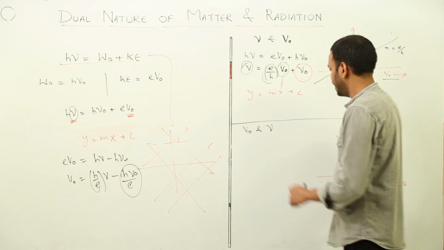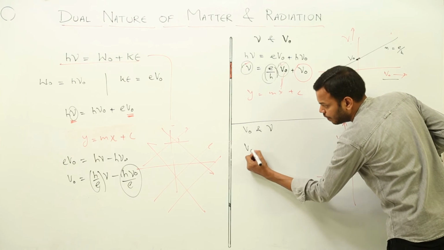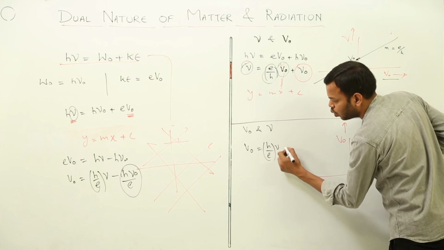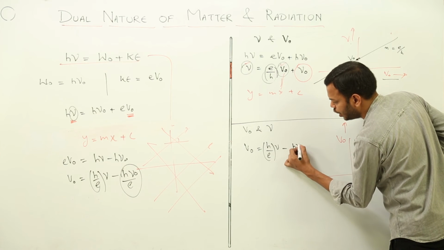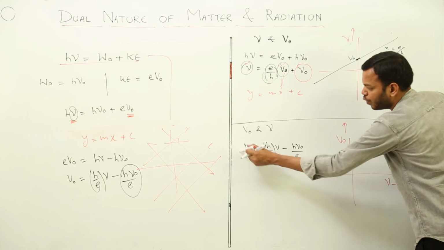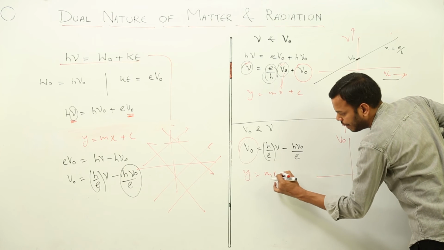See, in this equation, I am writing down the equation here. V naught is equal to h upon e nu, this is my slope, minus h nu naught over e. This is my y-intercept. So see, first of all, V naught is doing the job of y in y equals mx plus c.